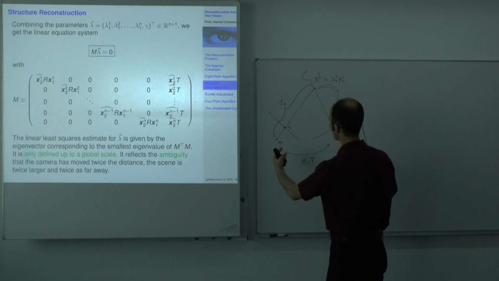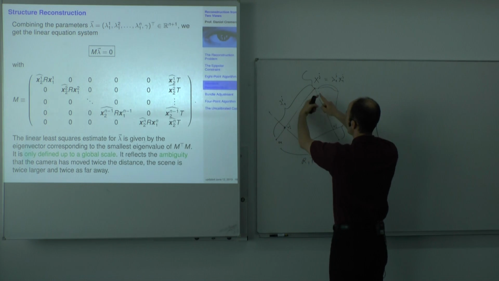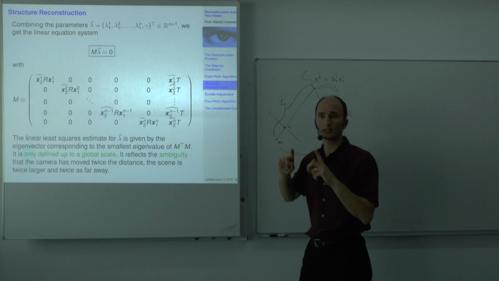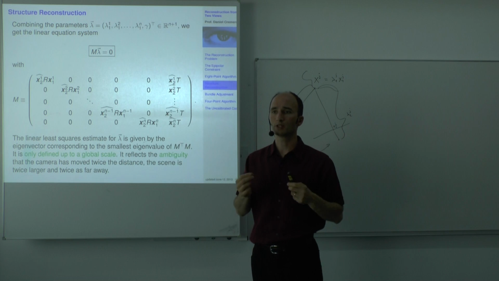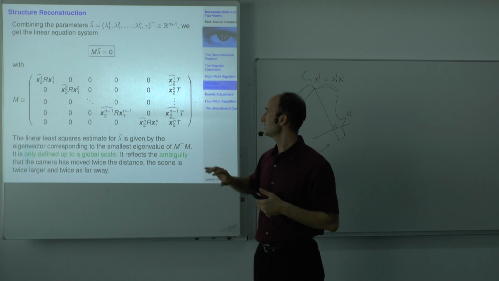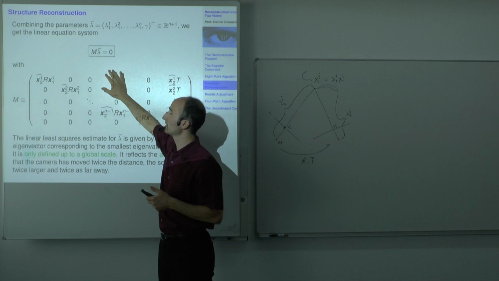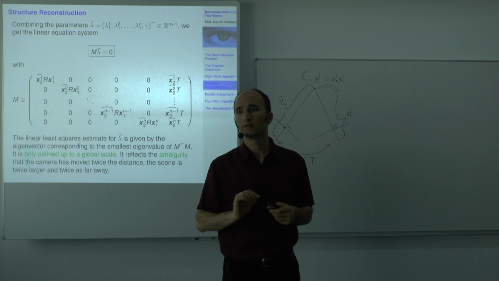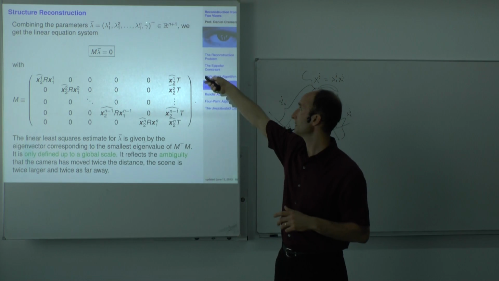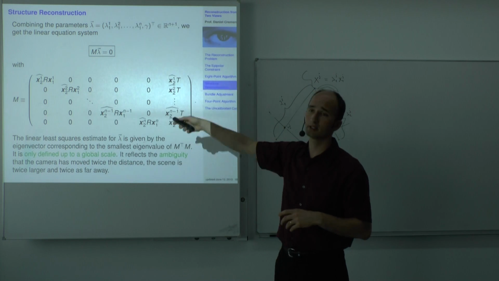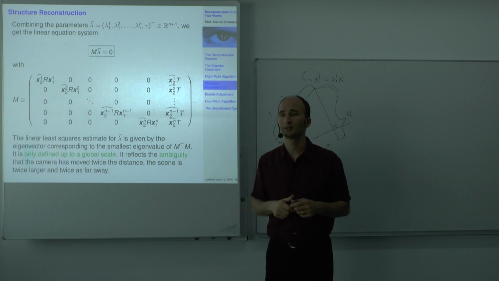It may well be that if you try to triangulate the rays, they don't actually intersect. And then the question is, what do you do? And here what we do is we try to solve the whole thing in one go. Find one solution for all depth values and a scale parameter that is consistent.